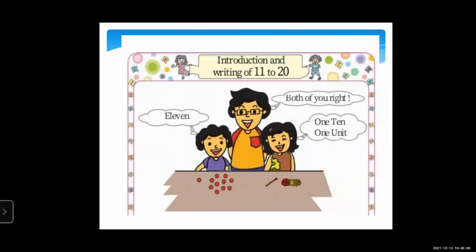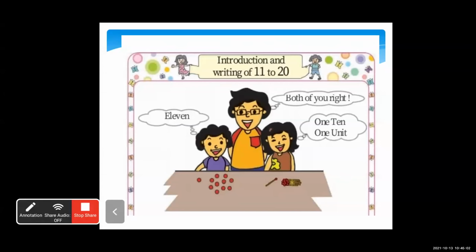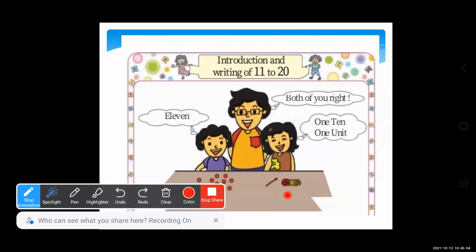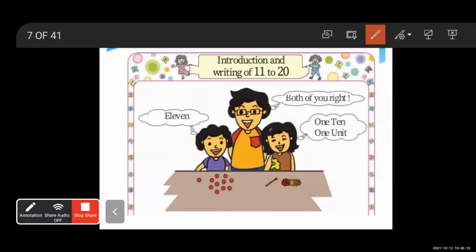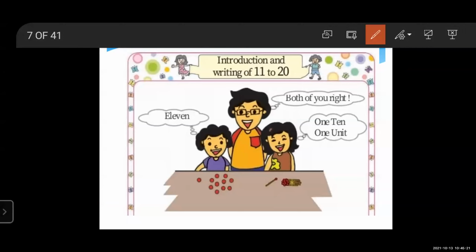See, in this picture, there is one uncle and two kids. What are they doing? They are counting something. See, this boy is counting beads and the girl is counting matchsticks.